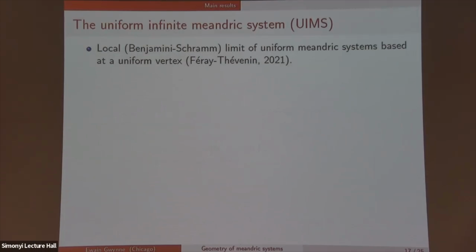What this thing is, is an infinite meandric system, which can be obtained from the uniform meandric system of size n by sampling a uniform vertex, i.e. a uniform intersection point of the loops with the line, and then taking a local limit at that intersection point in the sense of Benjamini–Schramm. And this local limit was shown to exist in the work of Féray and Thévenin.